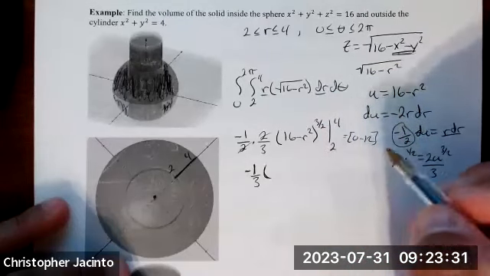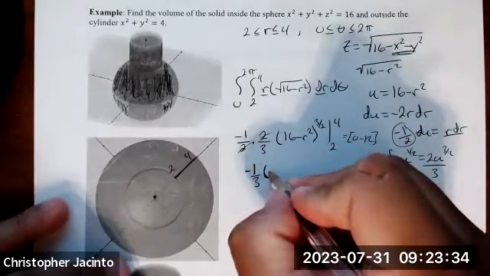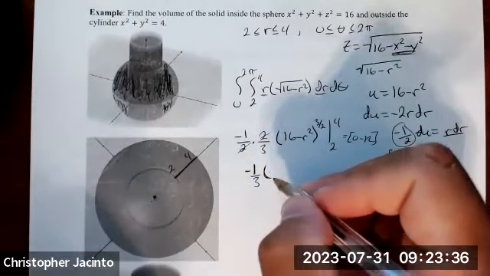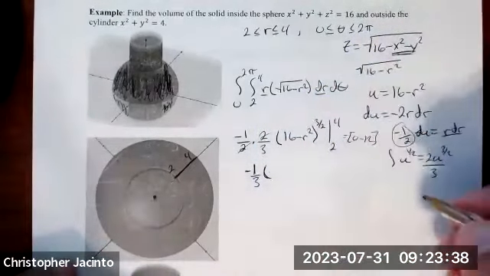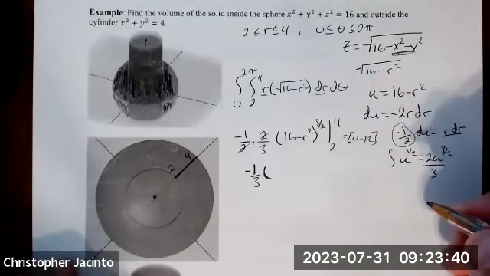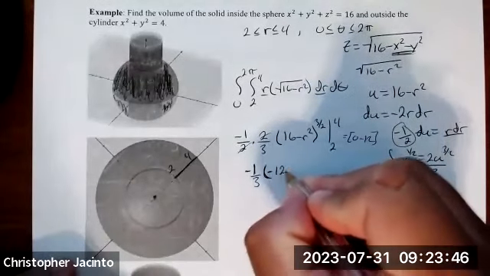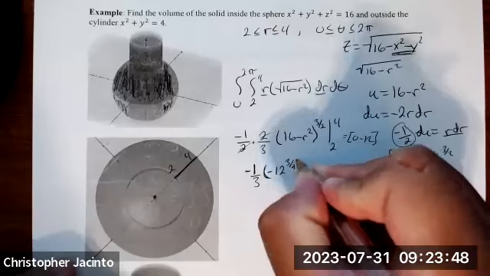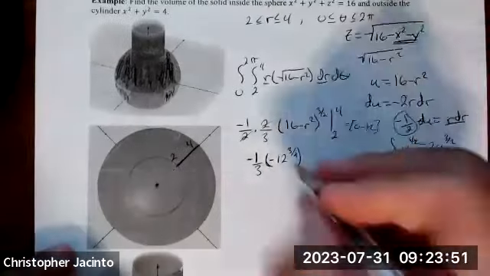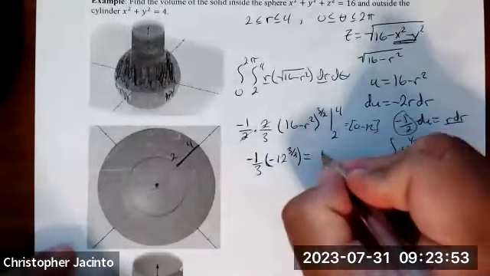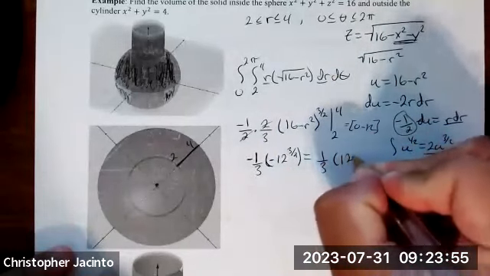So this ends up being minus 12 to that power. Oh, on the outside now. So the minuses cancel. We get exactly this.